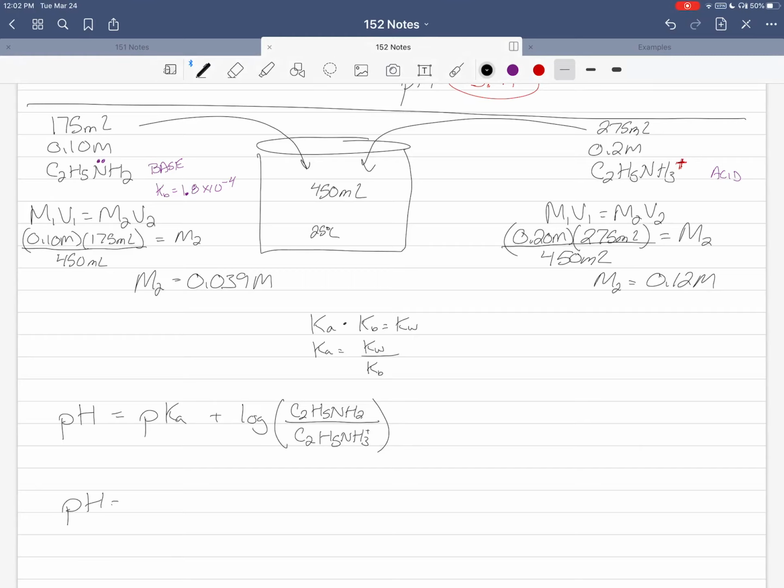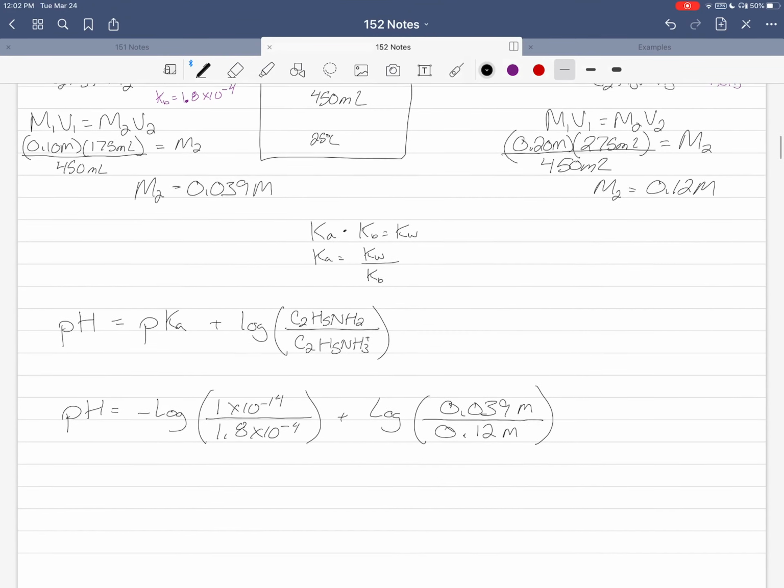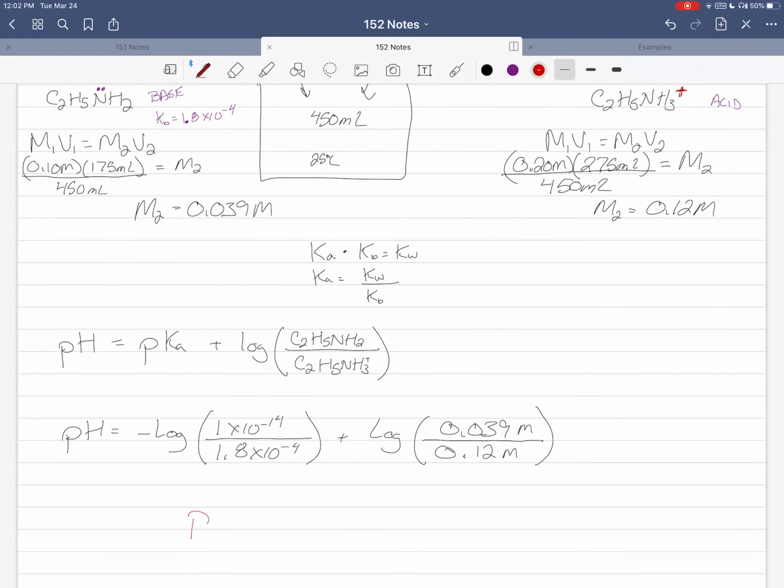So the pH equals the negative log of Ka, which is simply Kw, 1 times 10 to the negative 14, over Kb, 1.8 times 10 to the negative 4, plus the log of the base, 0.039 molar, over 0.12 molar. So that means our pH happens to be 9.76. And there is 42.